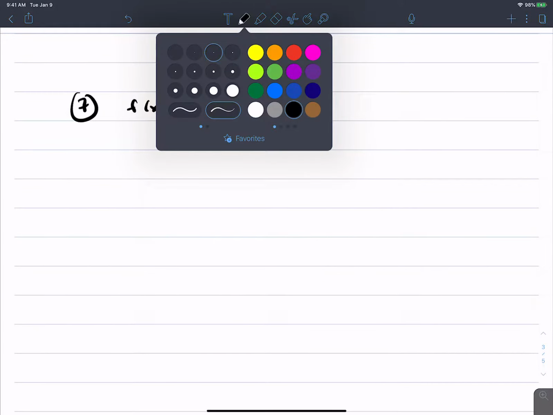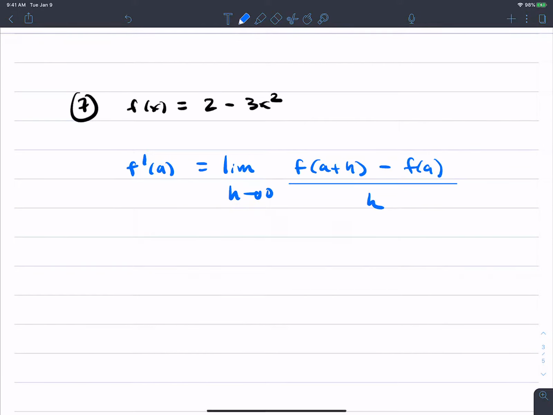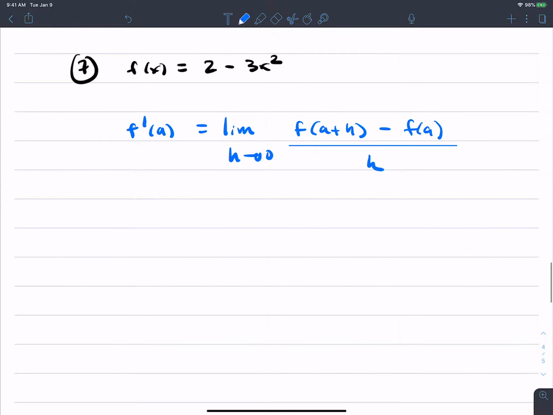We're going to find the derivative here as a formula. f prime of a is the limit as h goes to 0 of f of a plus h minus f of a over h, right? And just to remark with what I just said, they can replace this a with x.